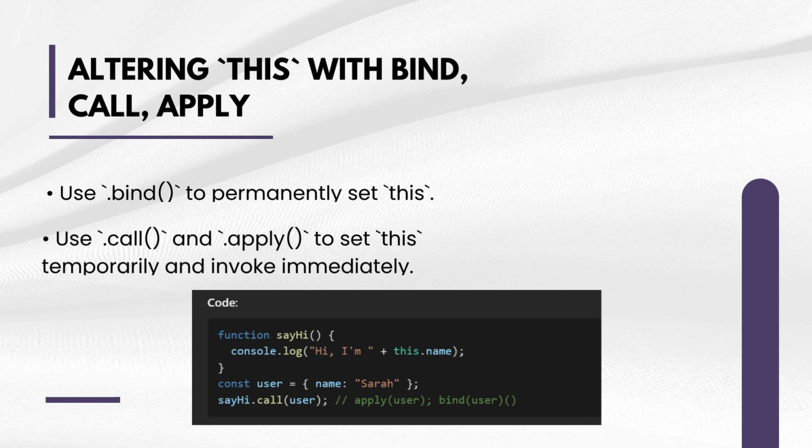But call and apply invoke the function immediately with a custom this. We use call and apply to set this temporarily and invoke the function immediately. In our code here, we use call, but in the same way we can also use apply. Also we can use bind if you want to set this permanently.